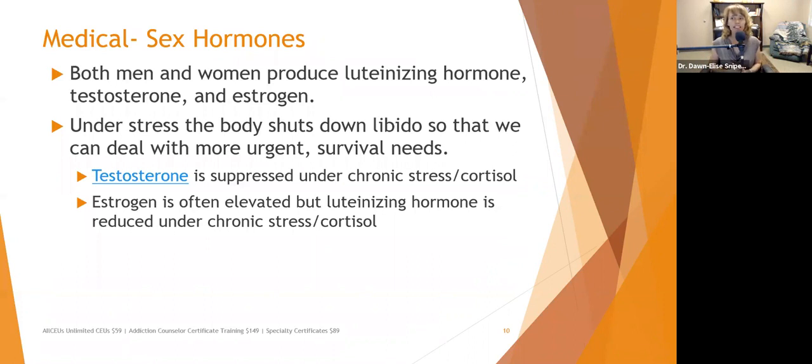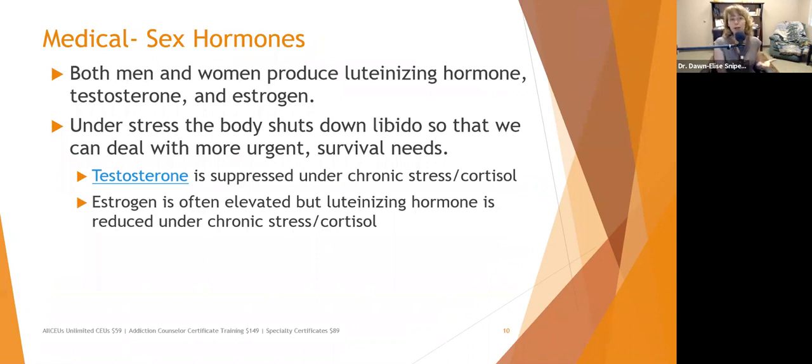Testosterone is suppressed under chronic stress or exposure to chronic high levels of cortisol for whatever reason, which lowers libido and contributes to feelings of depression and apathy. Now, as an aside, just like estrogen levels go down for women, testosterone levels go down for men as they age.